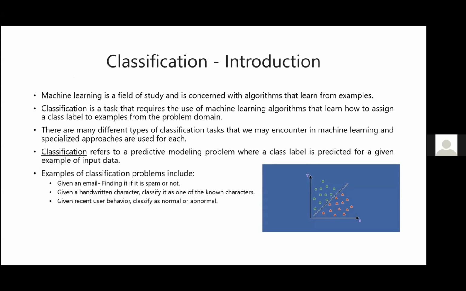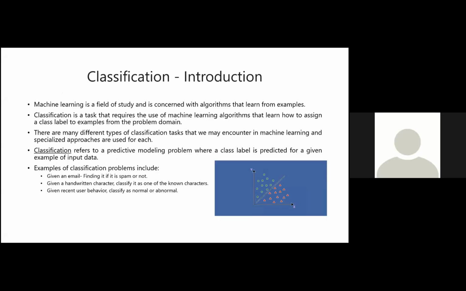So coming to classification, this is just the introduction. It belongs to the machine learning field, where the main intention is to identify a label for each point in the solution space. Classification refers to a predictive modeling problem where a class label is identified for a given example in the input data.